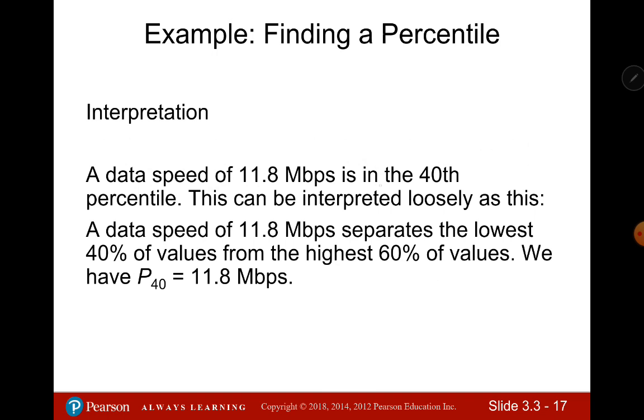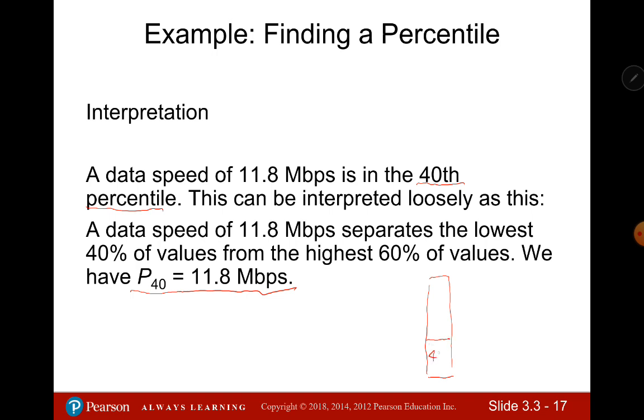Or we can say it's just the 40th percentile. Or we use this notation, P40. So the meaning is, if this is the whole data set, we use this P40 to separate the data set.